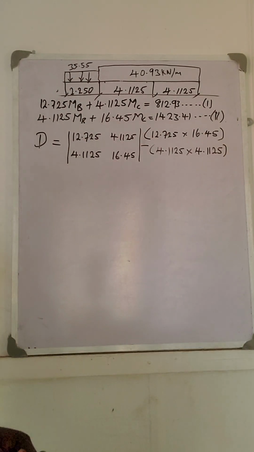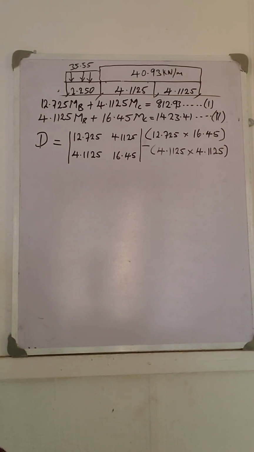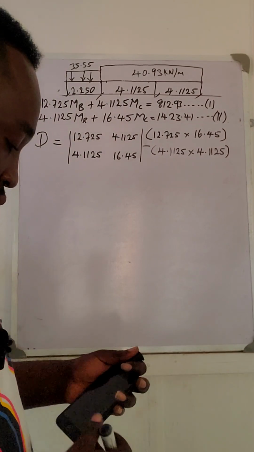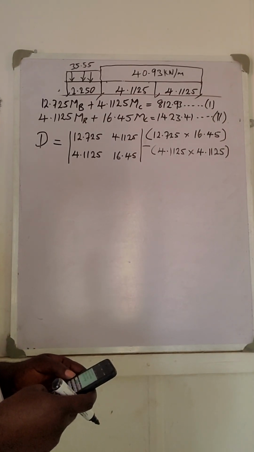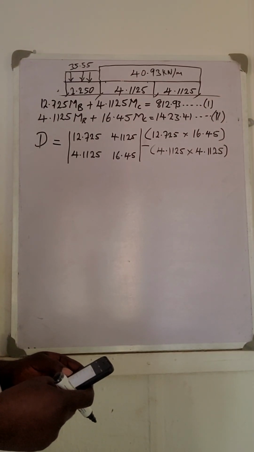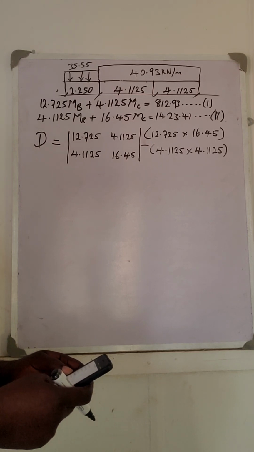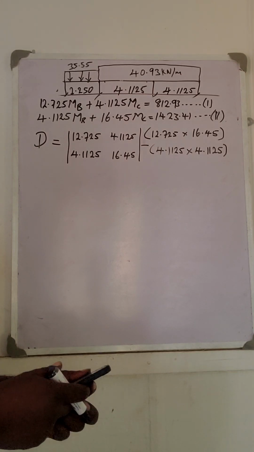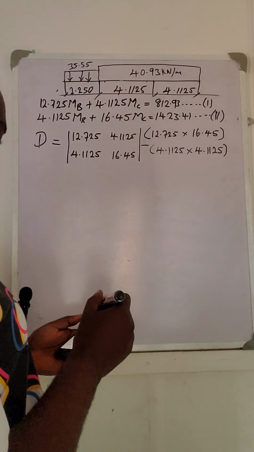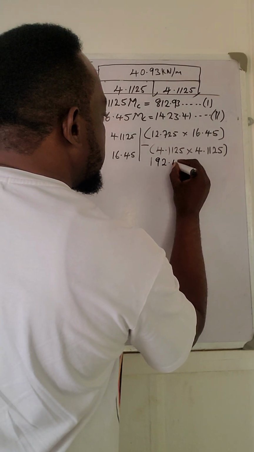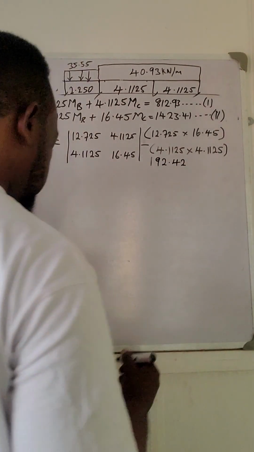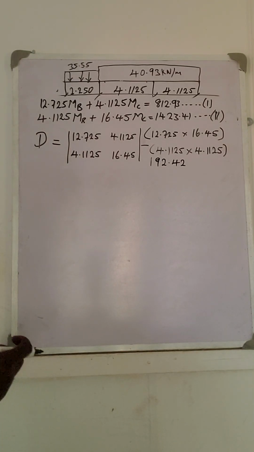When you compute this, we are going to have 192.42. All right. Now, in the same vein, we are going to solve for the determinant of MB.